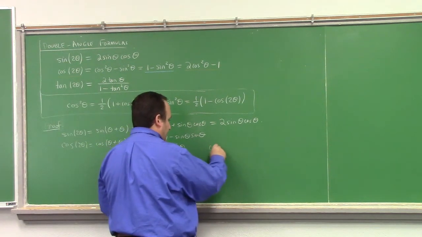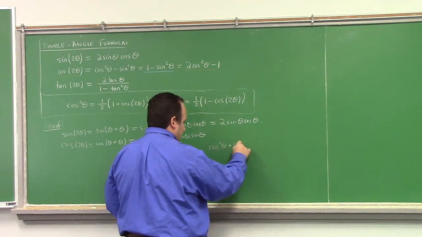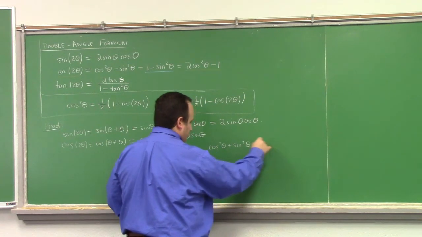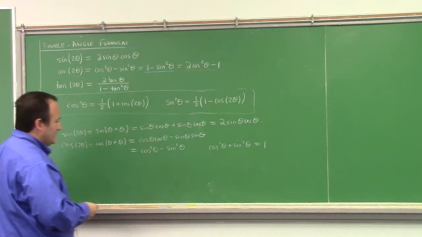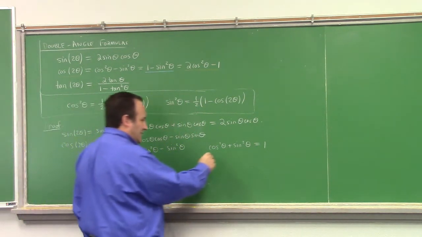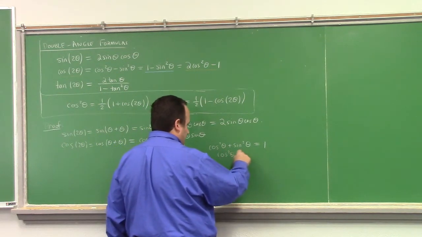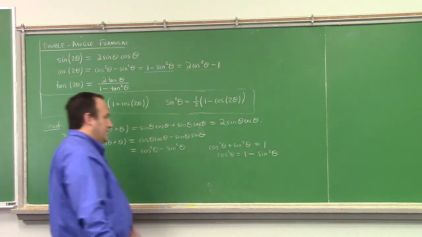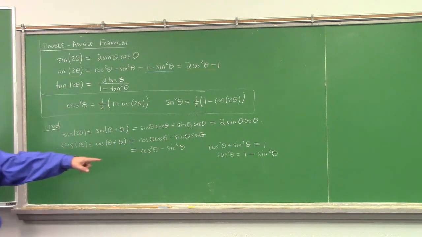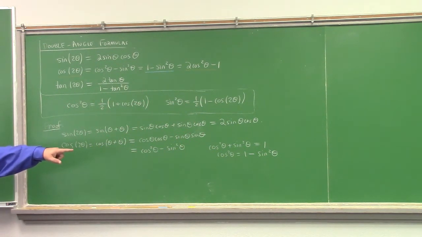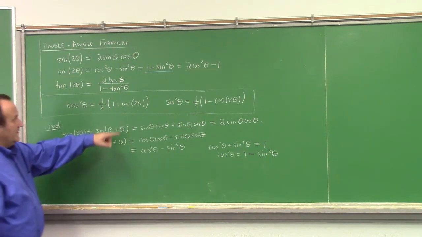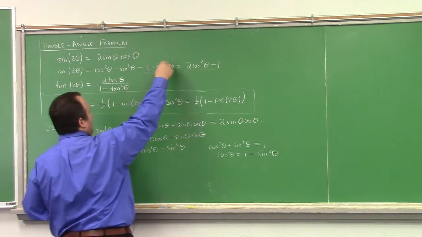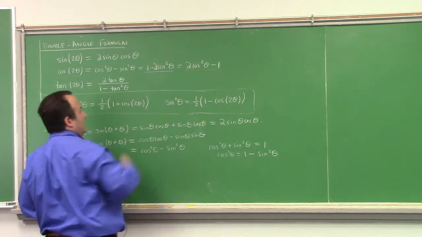We know cosine squared theta plus sine squared theta is 1, right? So that means cosine squared theta is 1 minus sine squared theta, right? So if you substitute that for cosine squared, we get 1 minus, not sine squared, but 2 times sine squared theta.